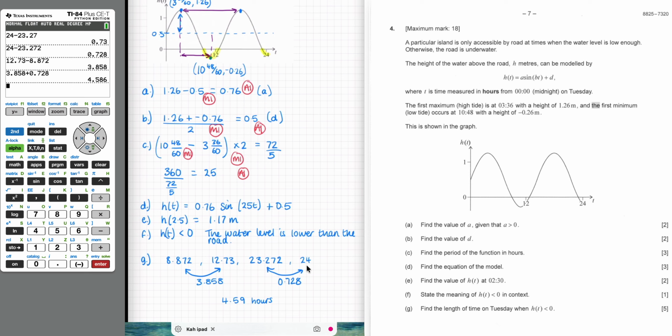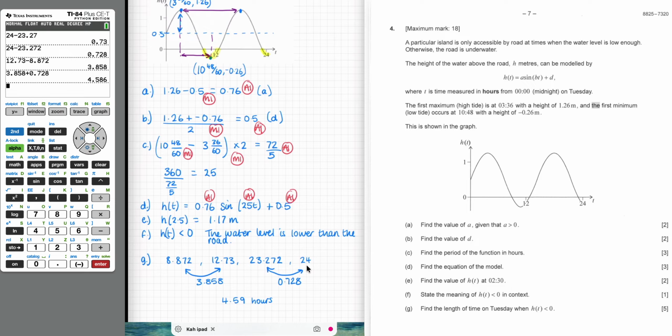And then there is 3 marks for the, here we go. This is the answer mark. And then there's 3 marks for part D. 1 is for correctly substituting in this, correctly substituting in this, and then correctly substituting in this.